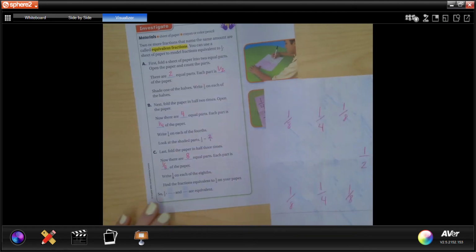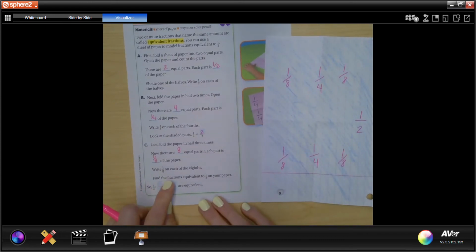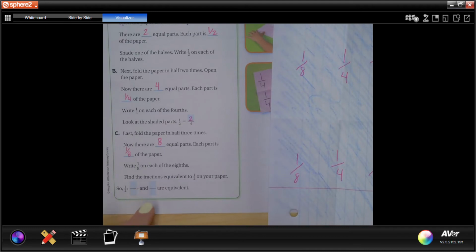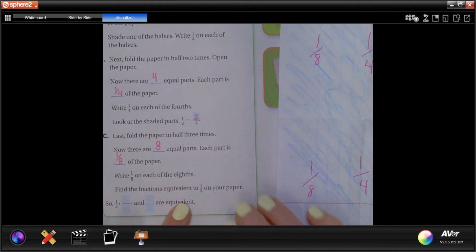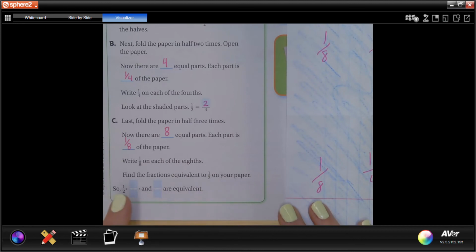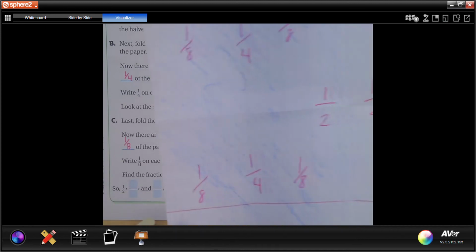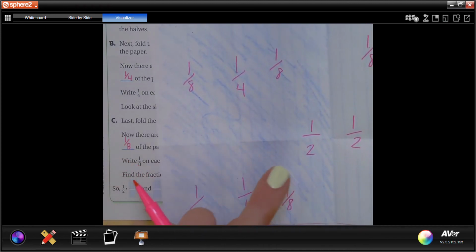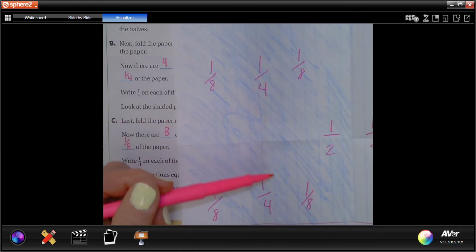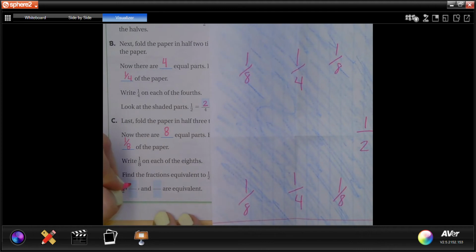All right. Find the fractions. I will zoom back in for just a minute so you can all see. Find the fractions equivalent to half on your paper. So we have 1/2 that's shaded. It's how many fourths? 2/4.